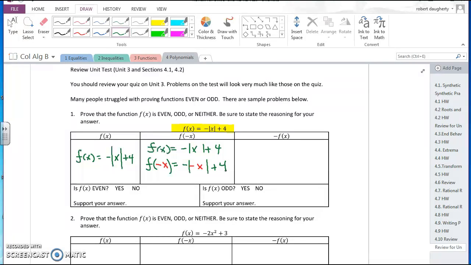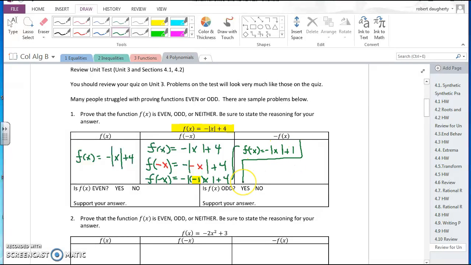What you have is f of negative x equals negative, that's the absolute value of negative 1 times x inside the absolute value sign. And then what is the absolute value of negative 1? That is 1. So you end up with f of negative x is minus absolute value of x plus 1.